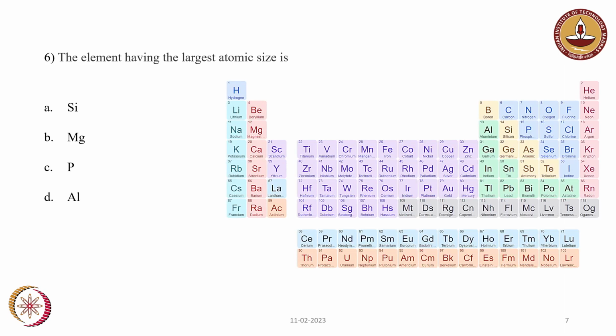In the periodic table, we know that when you move across a period, the effective nuclear charge is increasing, so the size of the atom decreases. And when we move down a group, the effective nuclear charge decreases, so size increases.